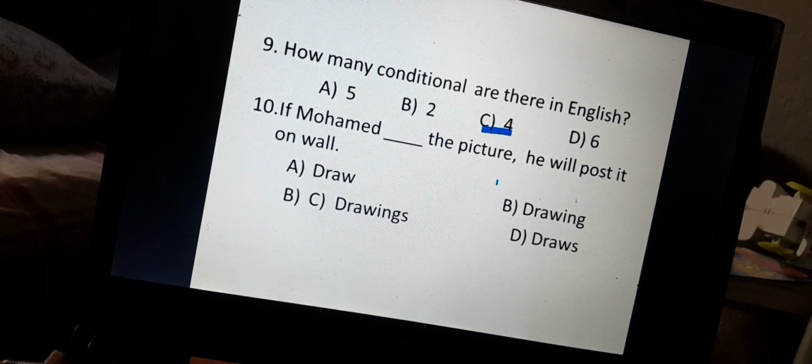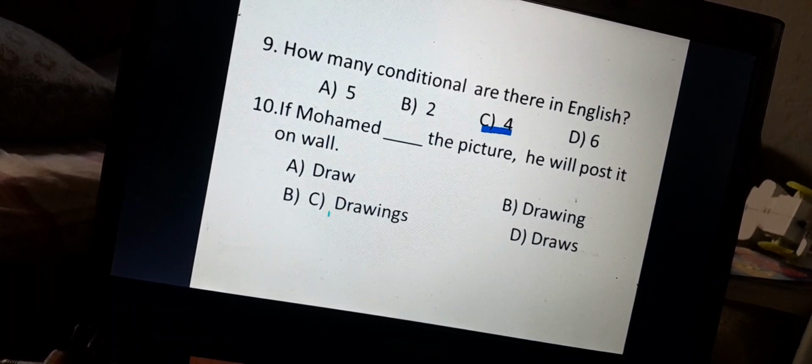So the blank space exists in the if clause part. What is the appropriate alternative to complete this sentence? A, draw, B, drawing, C, drawings, and D, draws.